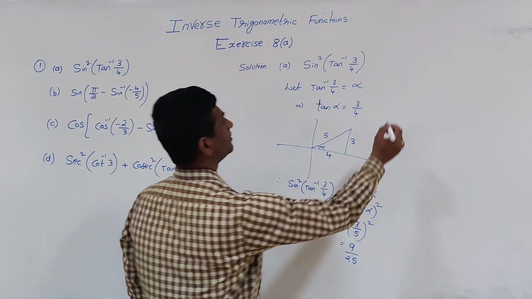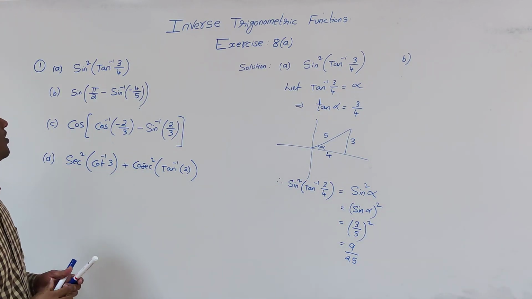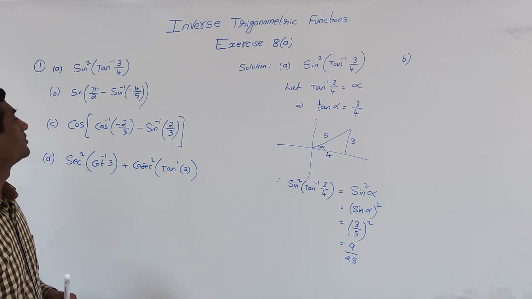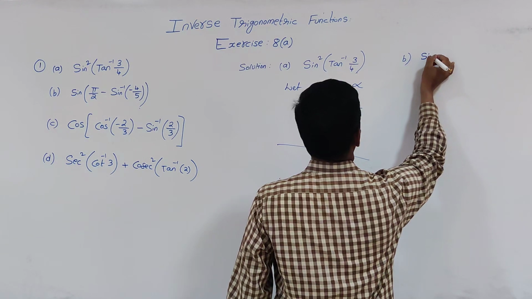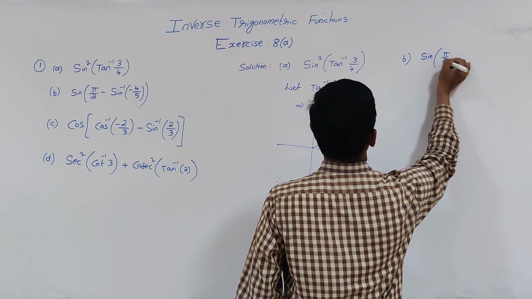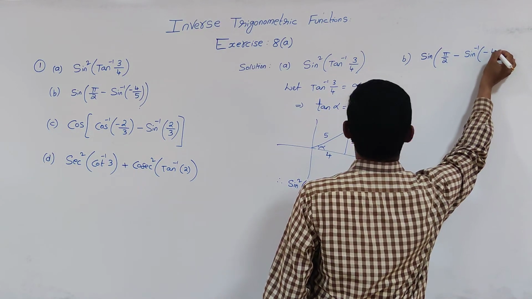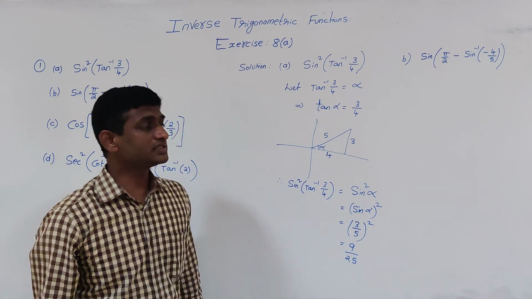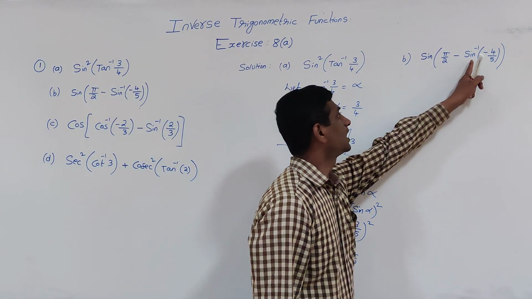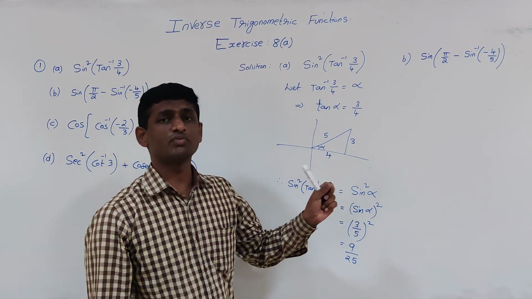Next we'll go for the B bit. The question is sine of pi by 2 minus sine inverse of minus 4 by 5. So let me write the question. What is given? Sine of pi by 2 minus sine inverse of minus 4 by 5. If you observe the inside function, it is sine inverse of minus 4 by 5, which is like sine inverse of minus x.